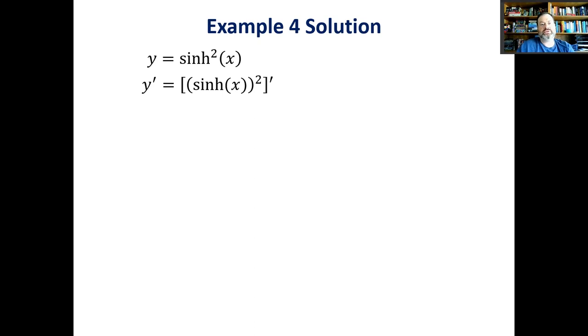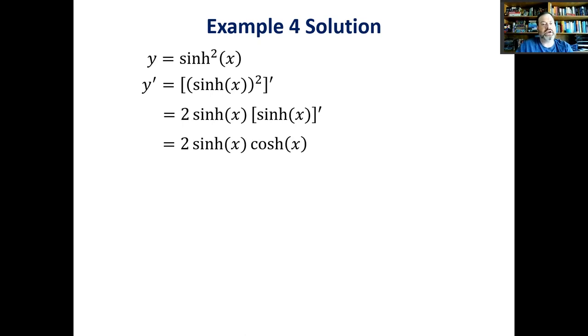So this here is just a more condensed way of writing that. So just take the derivative and rewrite it so it makes sense. So it's 2 sinh x, drop the power by 1, times the derivative, which is cosh x. Now you might be tempted to stay here. And this is correct, but there is actually a more compact way to write this.